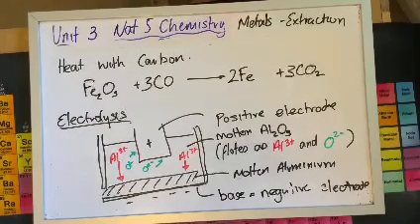The aluminium is a 3+ ion and will be therefore attracted to the negative base of the cell. The oxygen is a 2+ ion and will be attracted to the positive electrode, which is carbon, and so it joins with that and becomes carbon dioxide. This molten aluminium that's now at the bottom can be tapped off and we've made pure aluminium from aluminium oxide. This requires a lot of energy.